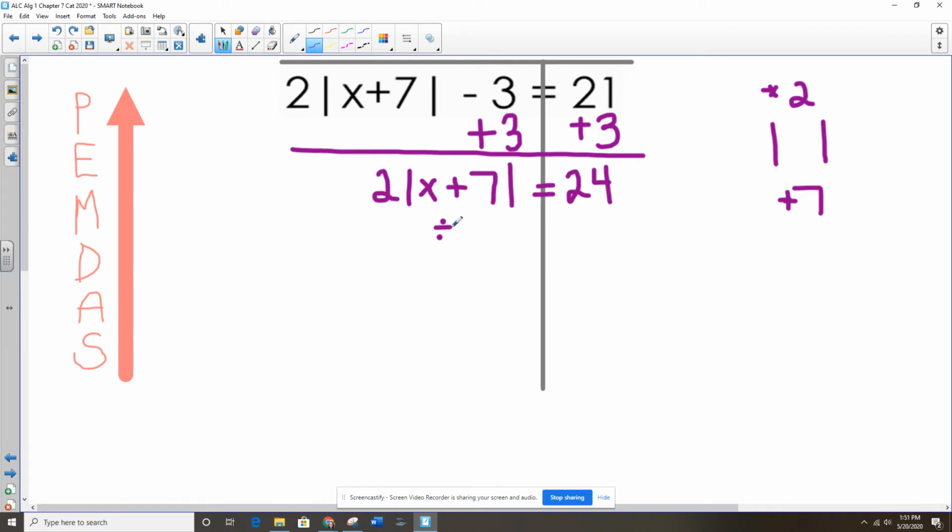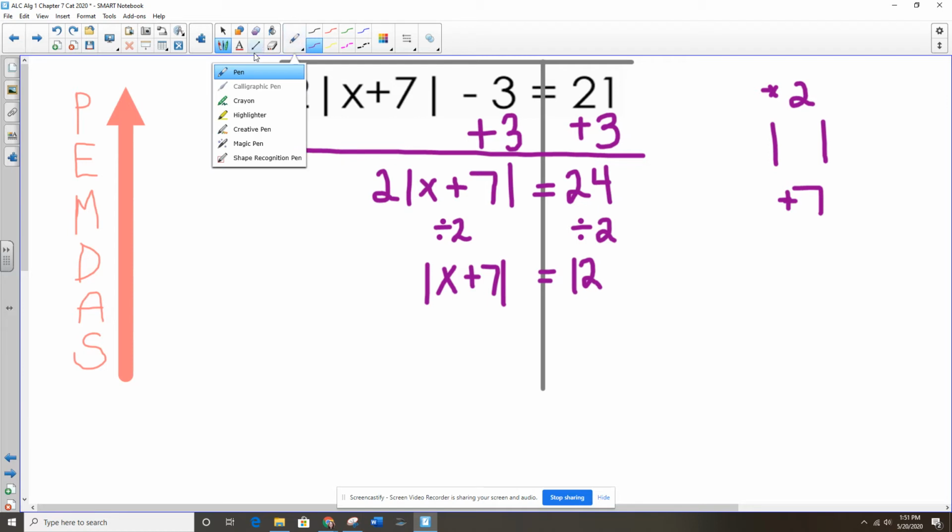Yep, you divide by 2. So what's going to be left on the left side? Absolute value of X plus 7. And what is 24 divided by 2? 12.